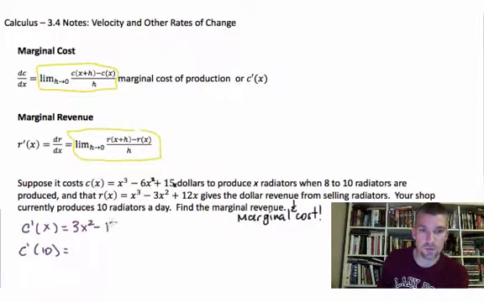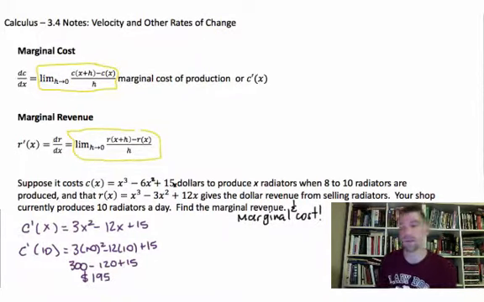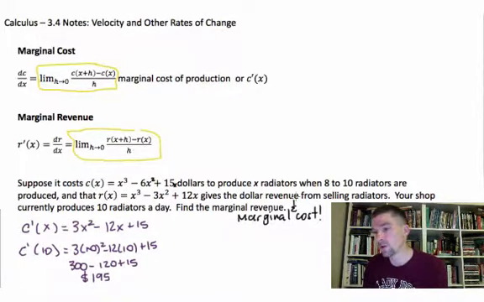So that would be minus 12x plus 15. So when I stick a 10 into all those places, I'm going to get, 10 squared is 100, so I'm going to get 300 minus 120 plus 15. 300 minus 120 plus 15 is 195, and we're in dollars here because we're talking about a cost. $195. That's going to be your marginal cost.